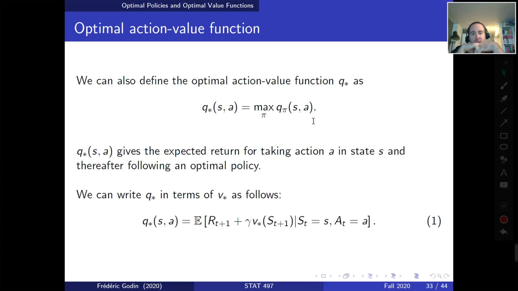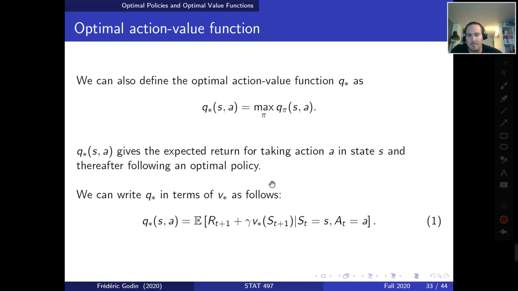What's the interpretation of q star of s, a? Q star gives the expected return when taking action a in state s in the next step, and then thereafter for all subsequent steps following the optimal policy, which is one of the pi stars.